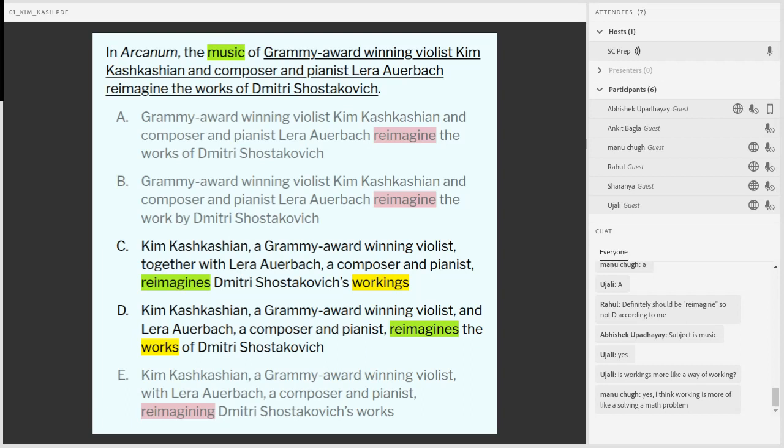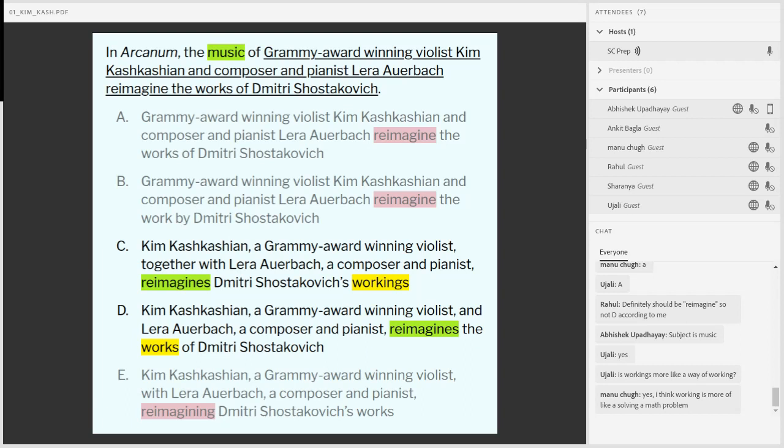That was what you used to remove option C. So if you see the music of X together with Y, there are different issues that this introduces, not just the ones you guys have pointed out. It gets complicated very fast. But if you see workings there, you prioritize workings and use that to take the call.